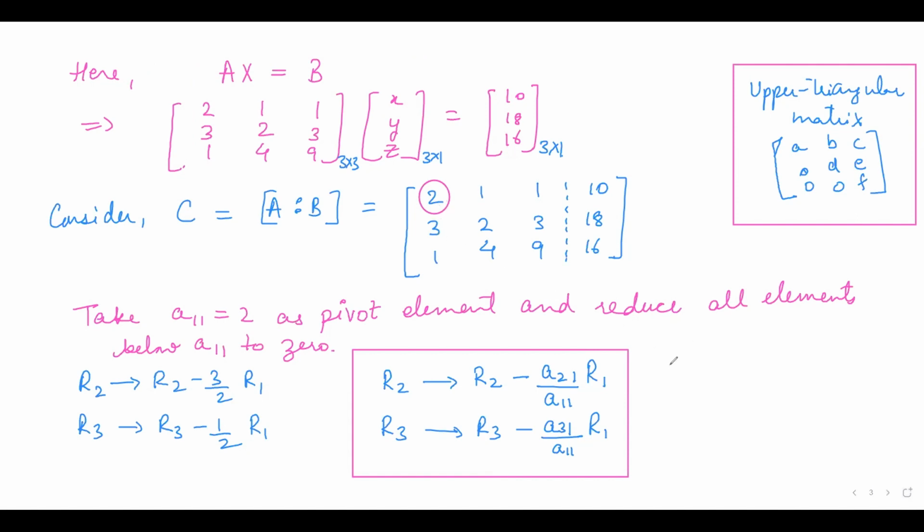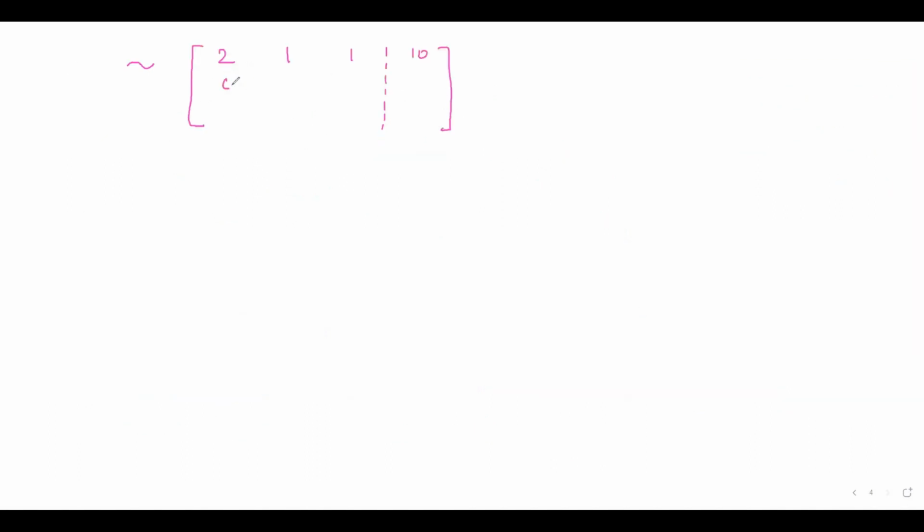So 3 minus 3 upon 2 into 2, that is coming out to be 0. Let's talk about these. So 2 minus 3 upon 2, that's 1. This is 4 minus 3 upon 2, that's half, right? Similarly, for this element, this would be 9 minus 3 upon 2 into 6, that's 9 minus 3, 3 by 2. So I have got the elements of the second row: 0, half, 3 by 2.